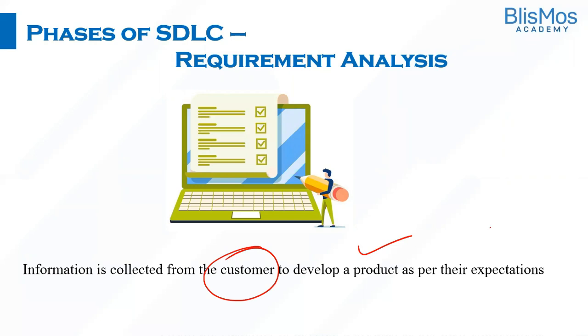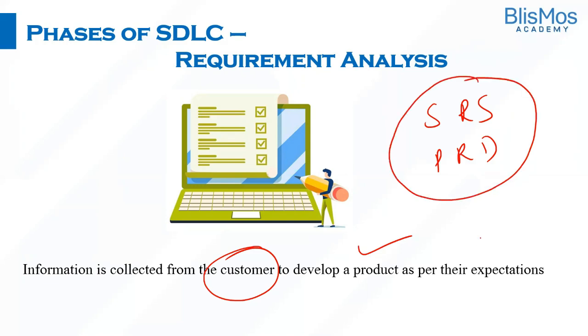So what actually is done is some of the business analysts will go and talk to the customers, have a meeting with the customers, and understand what exactly is the requirement, and that will be documented as an SRS document, that is software requirement specification document. You can also call it a PRD, that is product requirement document. But in the case of Agile, it is also called user stories.